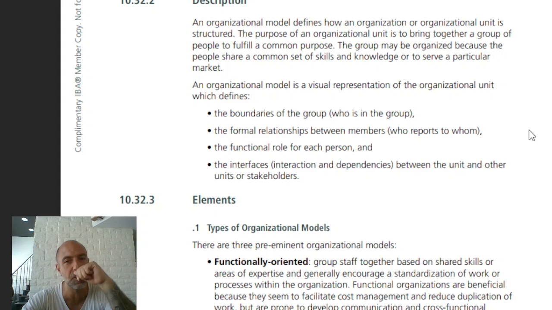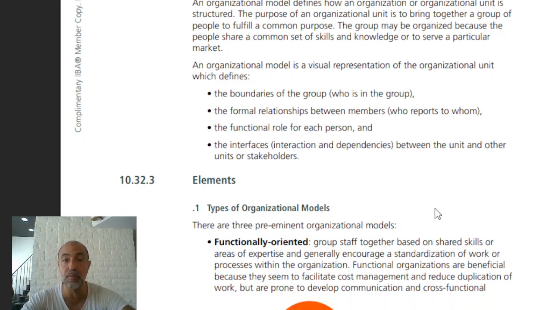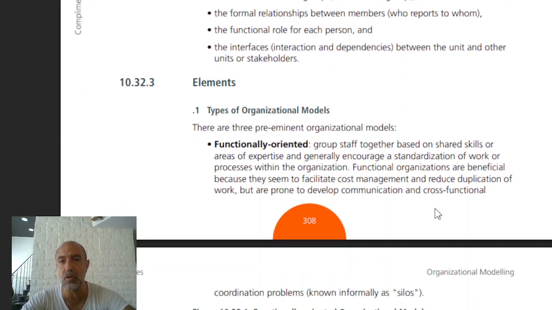It's a group of people organized to fulfill a common purpose, because they share a common set of skills and knowledge, or to serve a particular market. It's like a corporation, something connected. An organizational model is a visual representation of an organizational unit which defines the boundaries of the group, who is in the group, the formal relationships between members, who reports to whom, the function and role of each person, and the interfaces, interactions, and dependencies between the unit and other units or stakeholders.